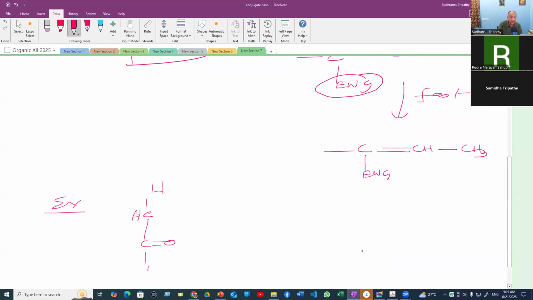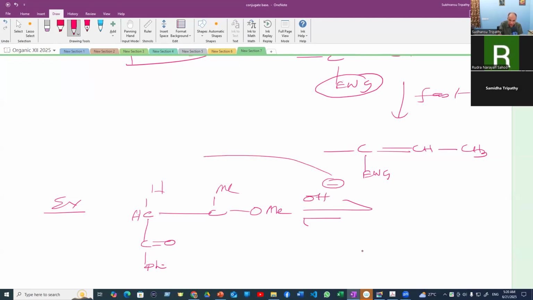This is a benzoyl group, which is highly electron withdrawing. C double bond O, again, there is a conjugation with phenyl. So when that is in the beta position and we are taking this compound, it was found that the reaction goes with E1CB step and alcoholic OH.